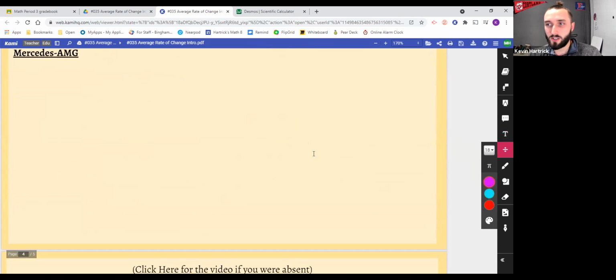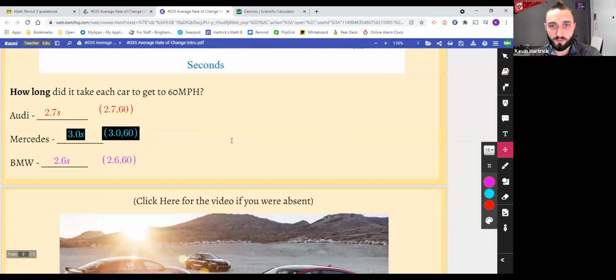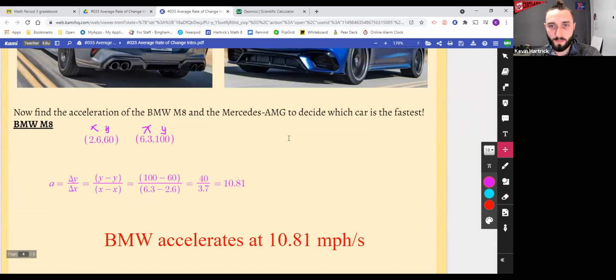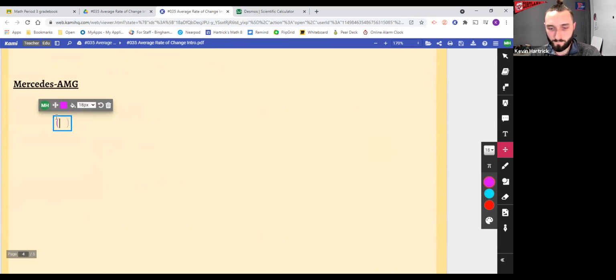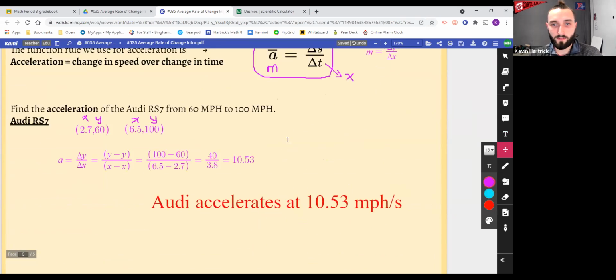Again, just like before, I'm taking the data points to start. So I've got 3.0 and 60, and I have 7.4 and 100.